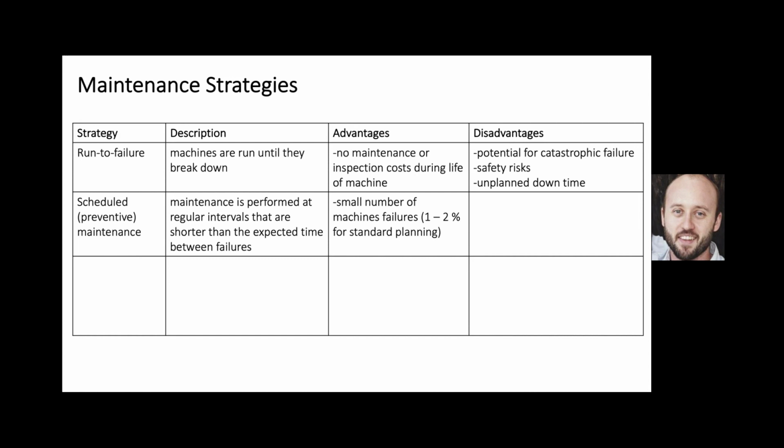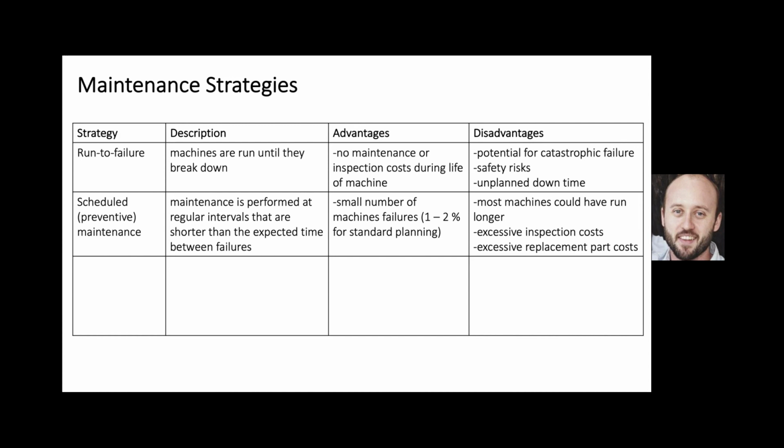So you can think of this as maybe like getting the oil changed in your car, where you get it changed every 5,000 miles or 10,000 miles or 15,000, depending on the quality of the oil that you get. Or maybe you get it changed every 3 months, 6 months, every year. Either way, there is a schedule as to when you're getting that changed.